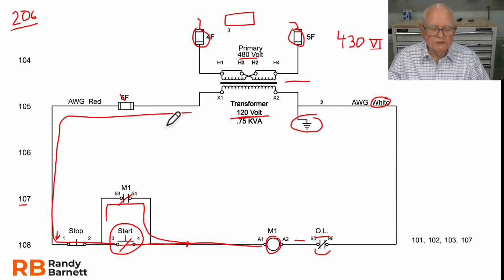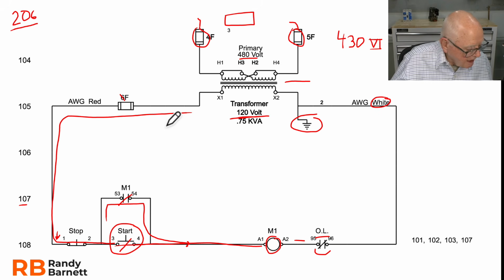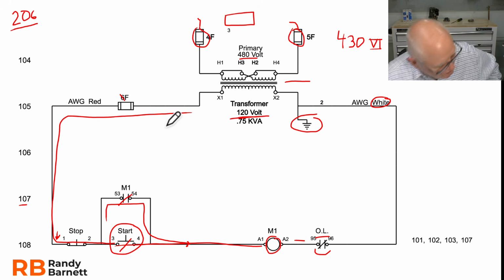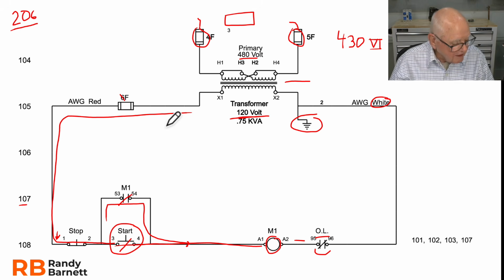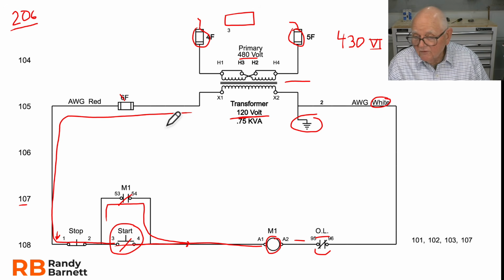We're going to go to Article 206. And what Article 206 is going to tell me is in 206.4(A), size and use. So 206.4, installation, says non-power limited remote control and signaling circuits shall be installed in accordance with 300.4 to 300.25.